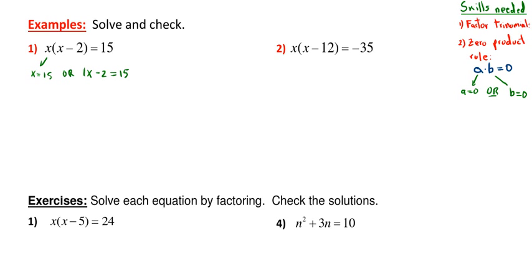That is absolutely incorrect, because this rule that I have right here, that's only when you have a product equal to 0. That's why it's called the zero product rule. The result of the multiplication must be 0. Then you could say the first factor is equal to 0, or the second factor is equal to 0. Not in this case, because we have a product, yes, we have a multiplication, but it's not equal to 0. So this is something that we cannot do.